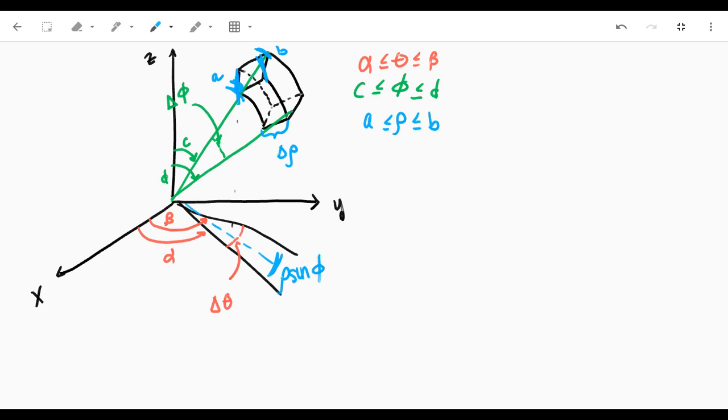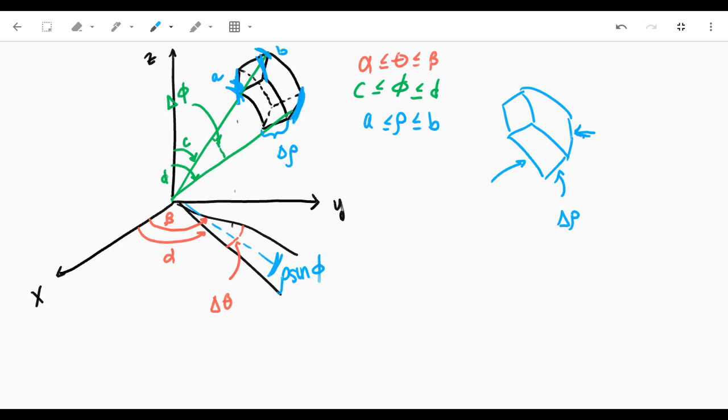So again, now if I take my little figure that I tried my best to draw, this side here would be delta rho. Then we also want to think about this side here, this outer edge.